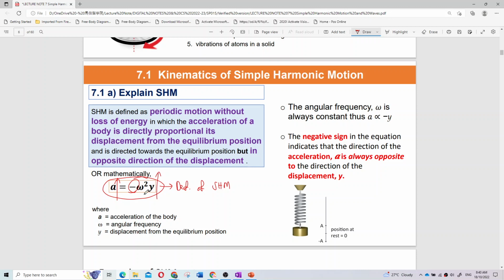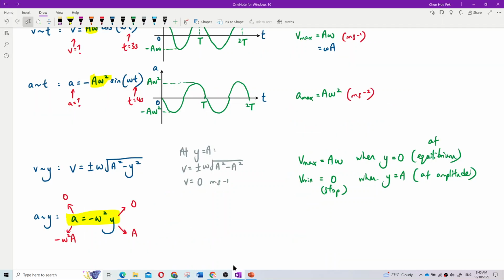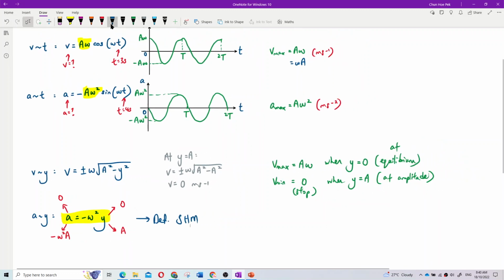Acceleration and displacement are proportional yet opposite. This is the meaning of the definition of SHM. Okay, understand?